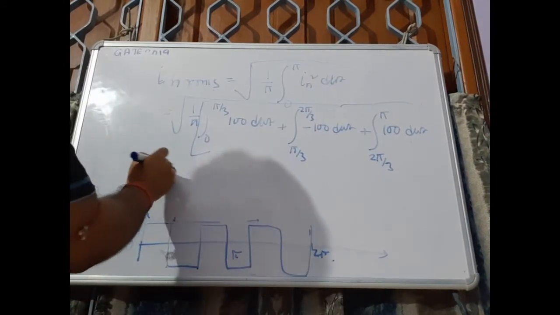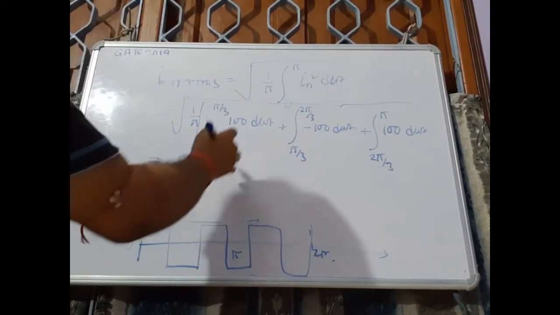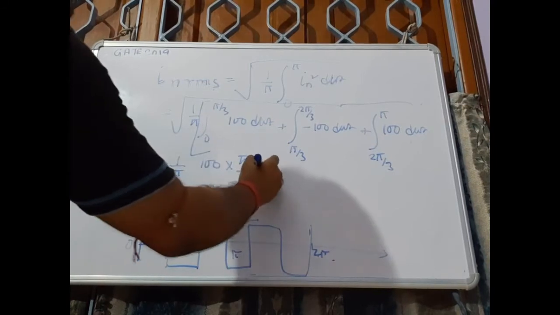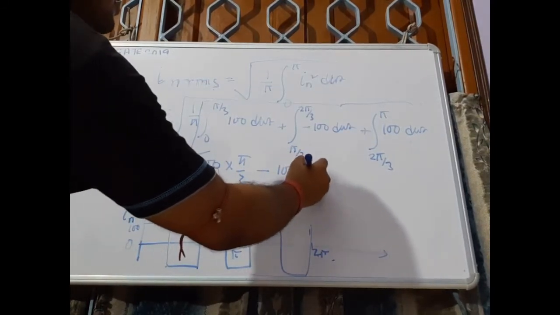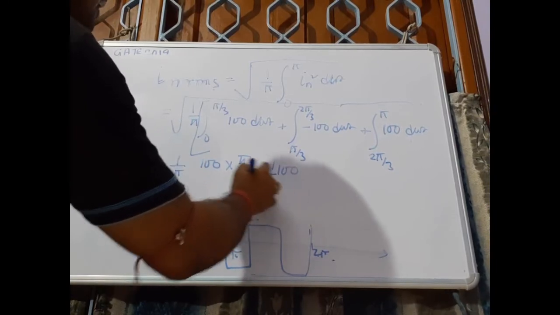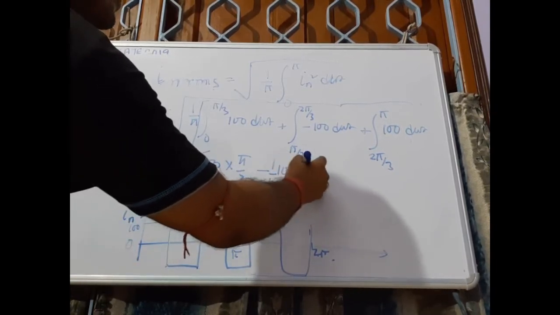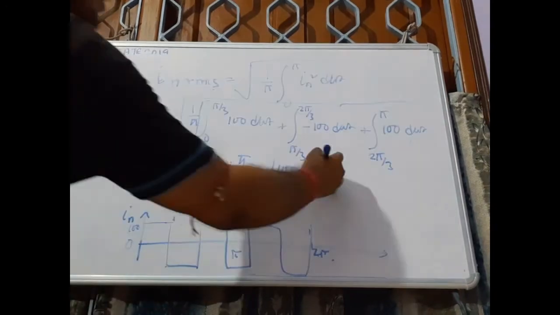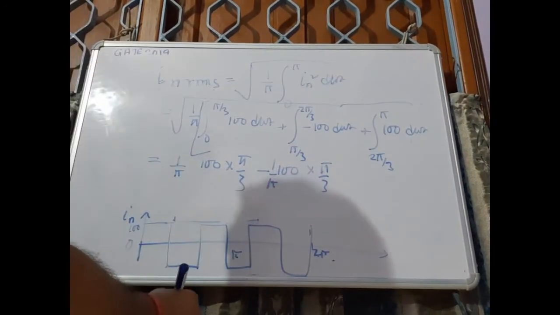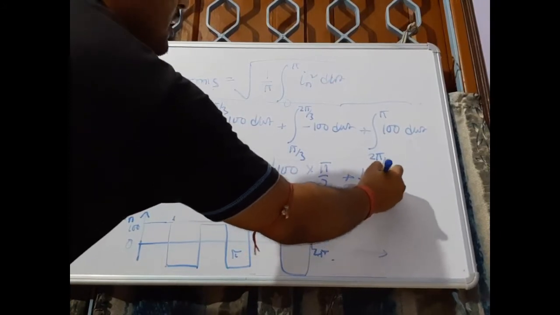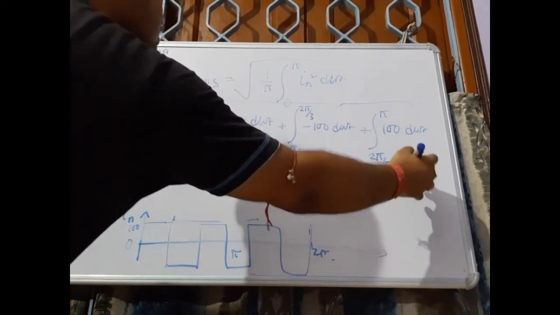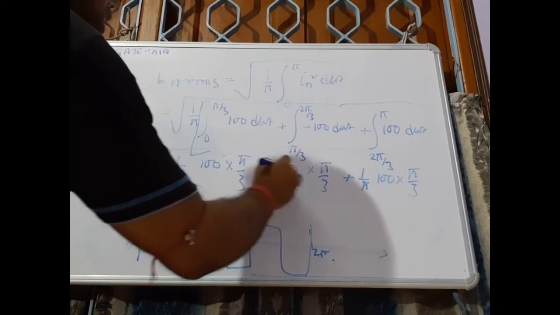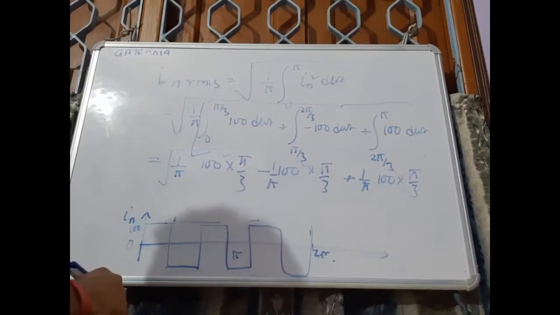Now if I write this, 1 by pi, 100 square into pi by 3, minus 100 square, again 1 by pi is common, into twice pi by 3 minus pi by 3, again pi by 3, and plus 1 by pi, 100 square into pi minus twice pi by 3, which is pi by 3, right?